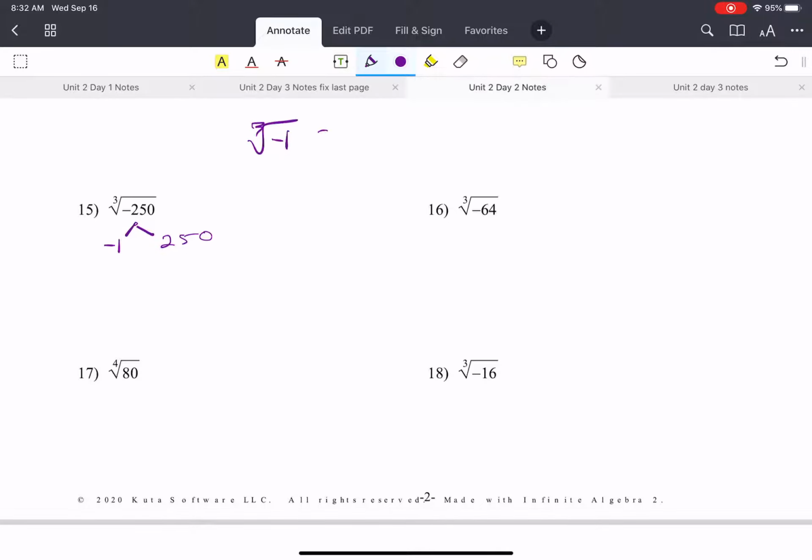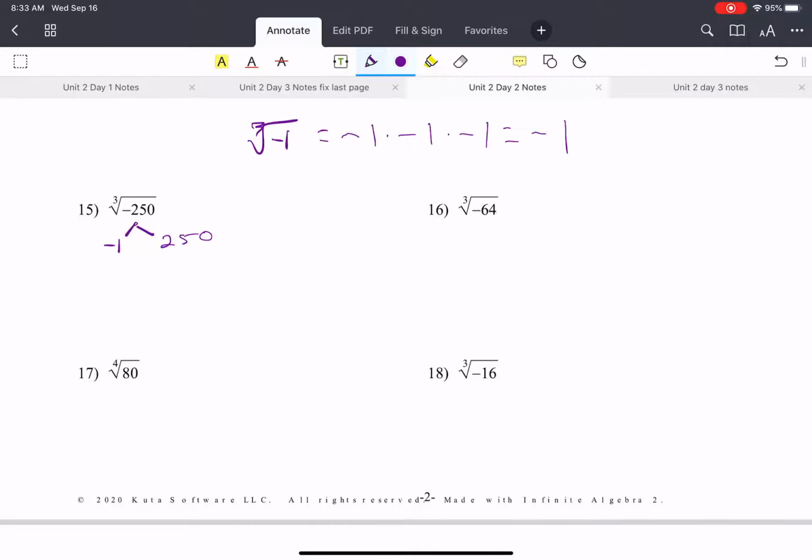Meaning, can I have the same number times itself 3 times and stay negative? Absolutely. If you don't believe me, type it into your calculator. The cube root of negative 1 is negative 1. That's not imaginary if it's odd, because I can times a negative number an odd number of times and it stays negative. So there's not going to be an i in 15 because it's not a square root, it's a cube root. My answer is just going to be negative.